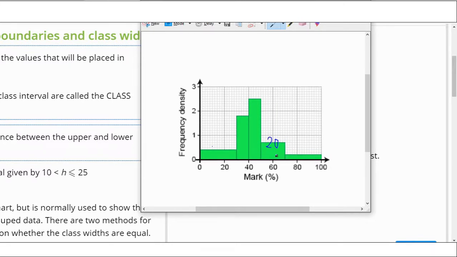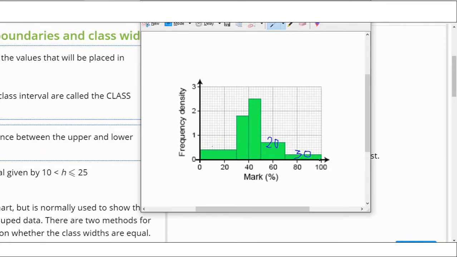So 0.7 times 20 is 14. So it's 14, the frequency. And this one, from 70 to 100, the width is 30, right?